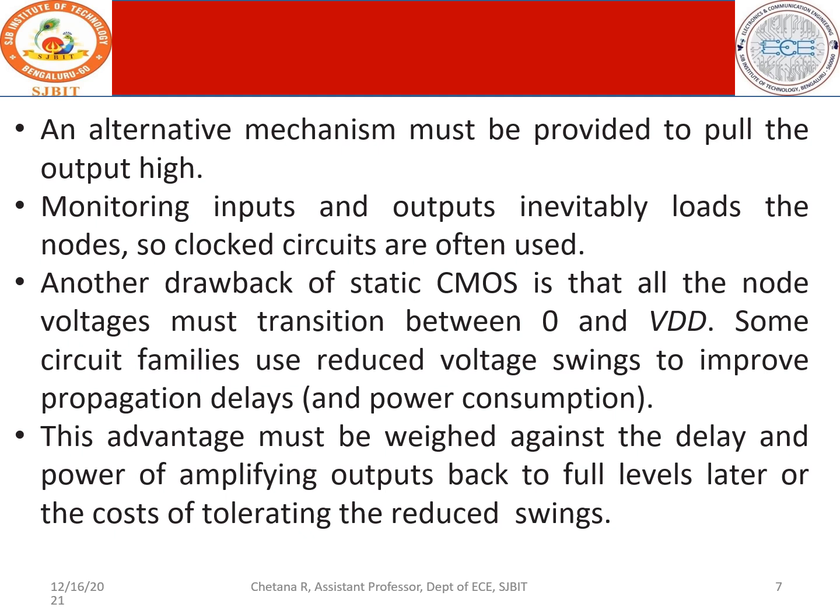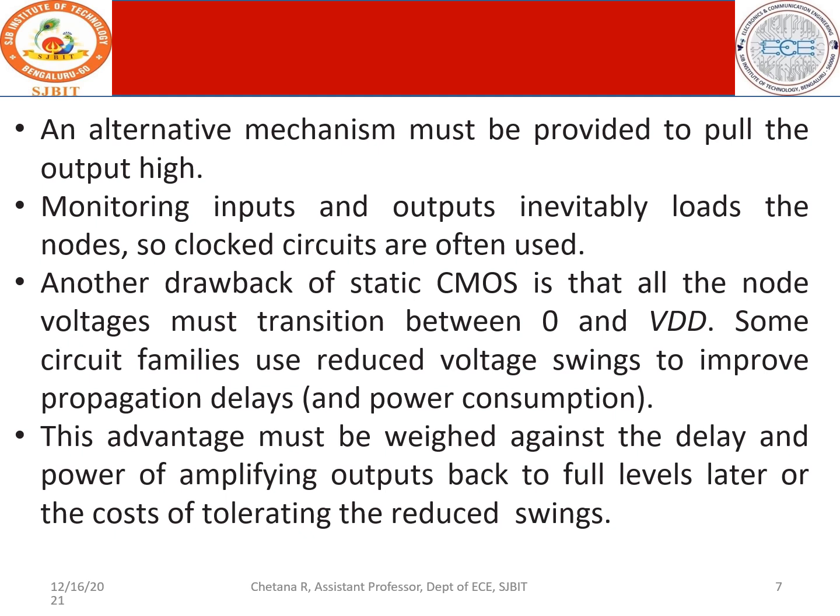One more drawback of static CMOS is that all node voltages must transition between 0 and VDD. So the transition in CMOS is a minimum of 0 and a maximum of VDD. But many families don't fall completely to 0 volts and rise to complete VDD because of threshold voltage effects.